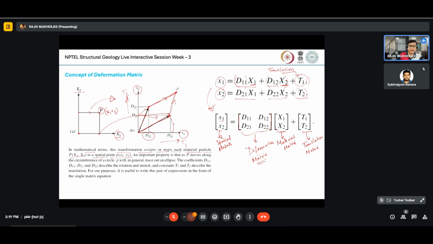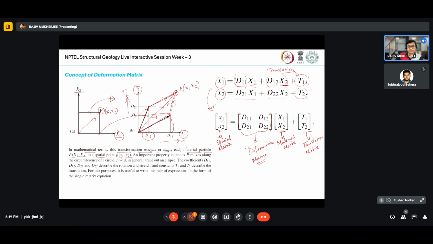Now P is here, which has small x1 and small x2. So from capital X1, capital X2 to small x1, small x2, how much has it shifted, right? So it was initially like this, now it is like this.